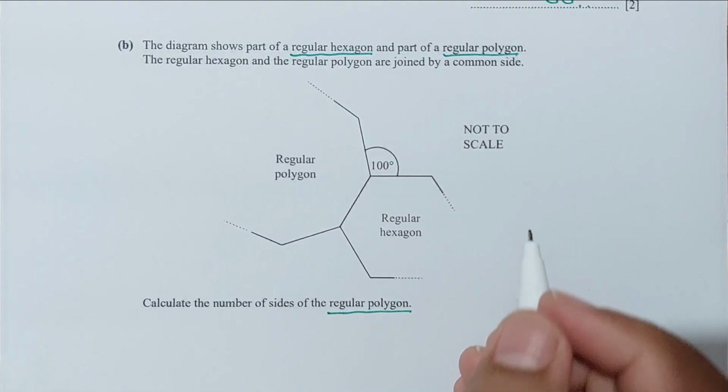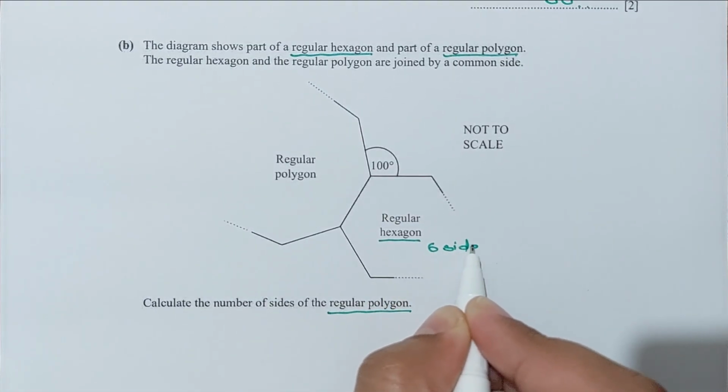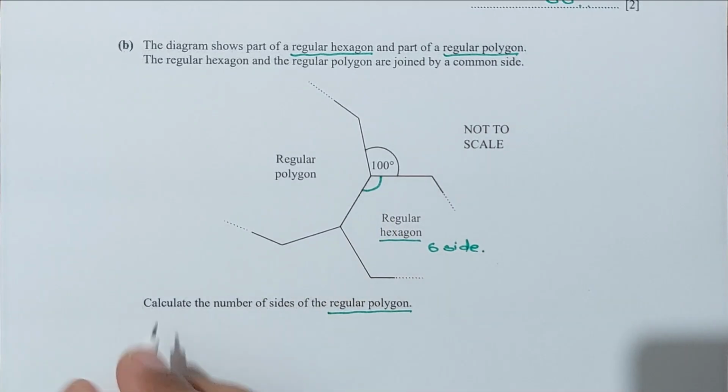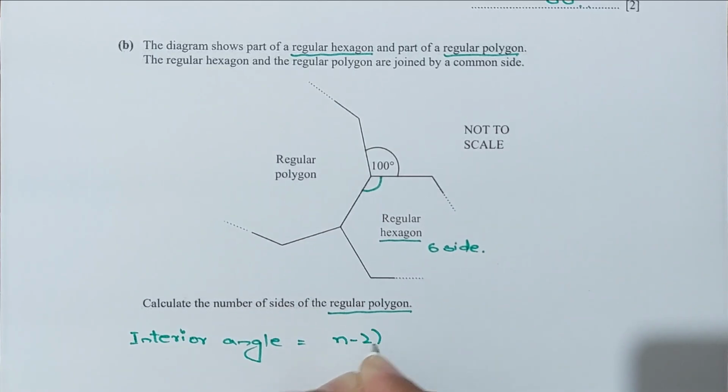As we know, the hexagon has 6 sides. So let me find the measure of each interior angle of a hexagon first. This is equal to the number of sides minus 2, times 180 degrees, divided by the number of sides.